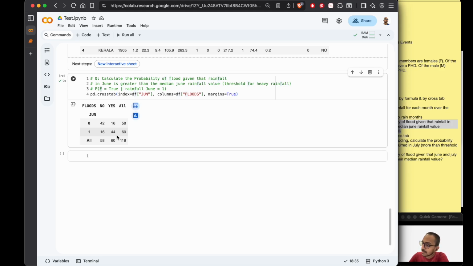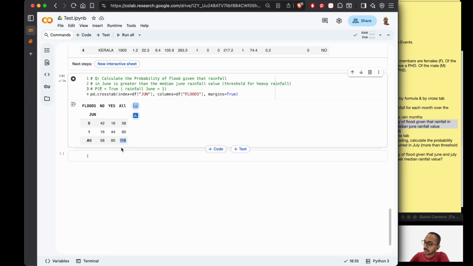So P of F intersection R would be again floods yes, and rains greater than the median in June would be 44, and over the total chances, which is 118. So this is for P of F intersection R.